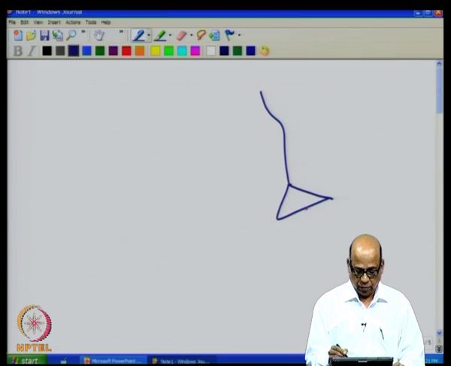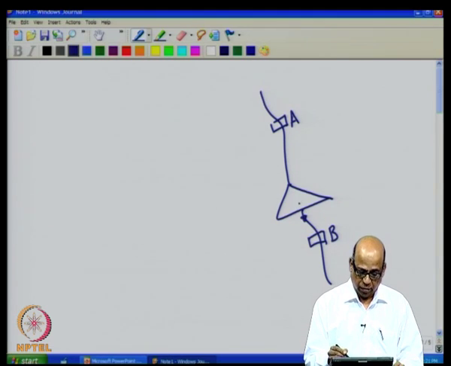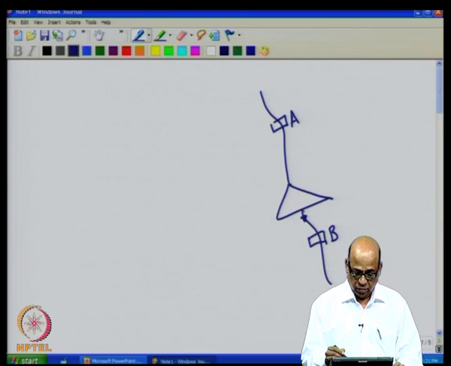What we are discussing at this point is, let us say that you have a gauge, I will call it gauge B, and then there is a gauge A upstream of the reservoir. From the reservoir, you are letting out water in a controlled manner. You have, let us say, a gated spillway, and then you are letting out water in a controlled manner.